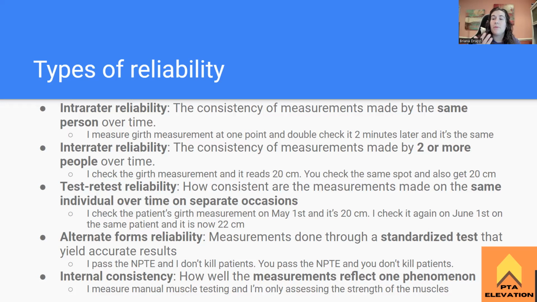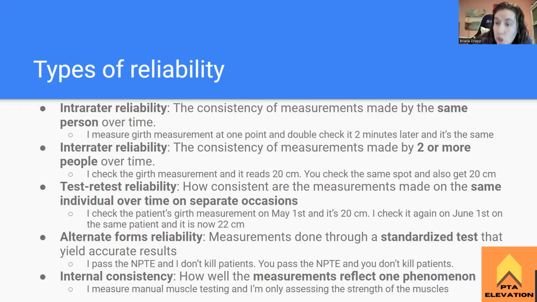It should be reliable in that it's accurate. Like goni measurements: I measure at 105, and a minute later I measure at 105 again. It should stay the same, because it's me doing the exact same thing each time. As long as we can see that that is true, that would be an intra-rater reliability kind of measurement.